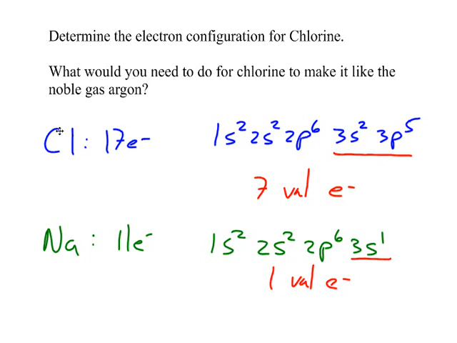And if we eliminate the 3s from the sodium, sodium would then have a full valence shell. When you have a situation like this, where you have a metal that tends to have very few valence electrons and a nonmetal that has a significant number of valence electrons, you tend to get what's called an ionic bond.